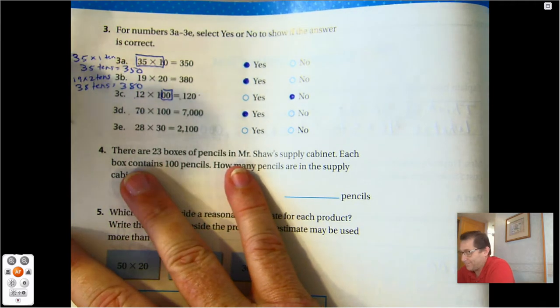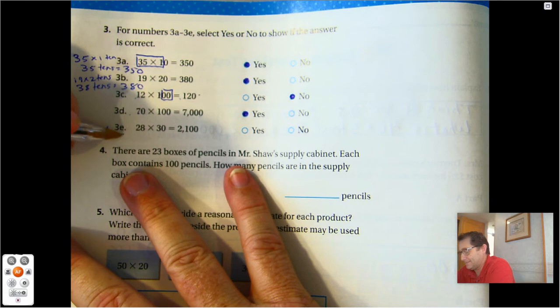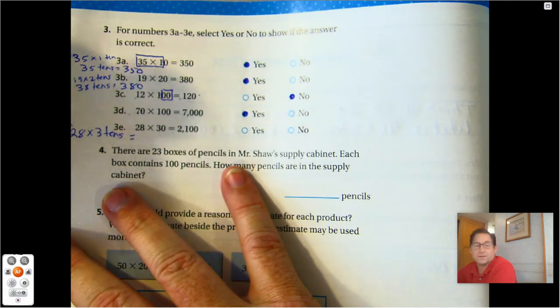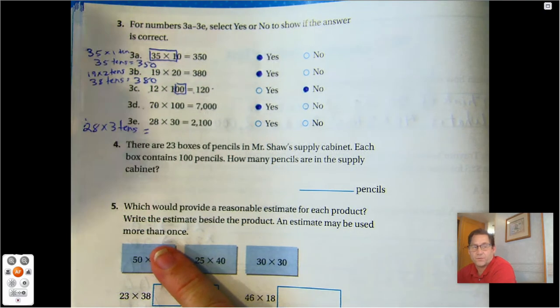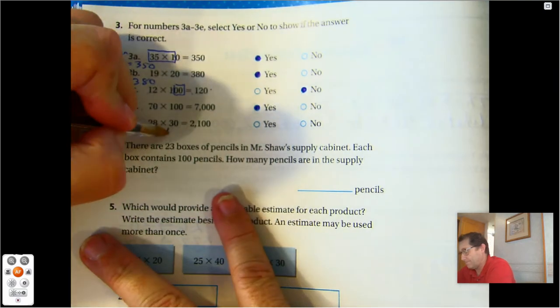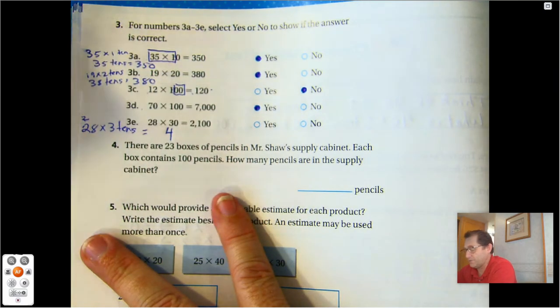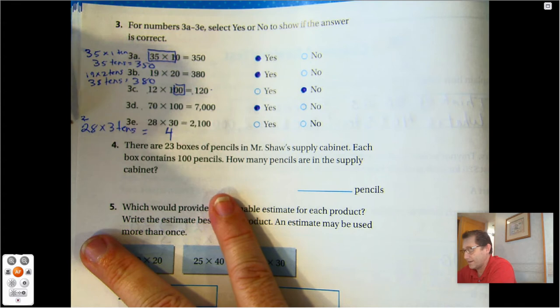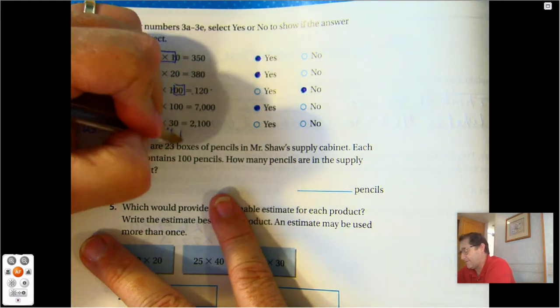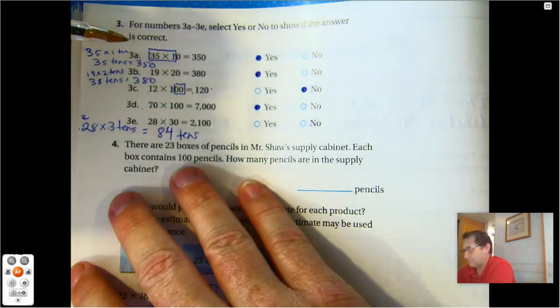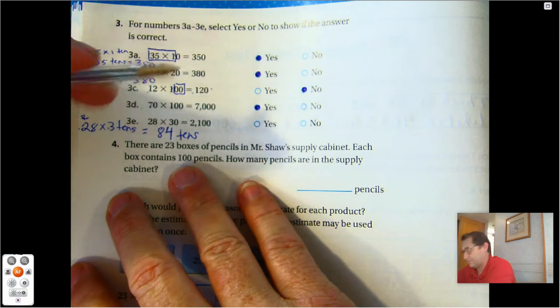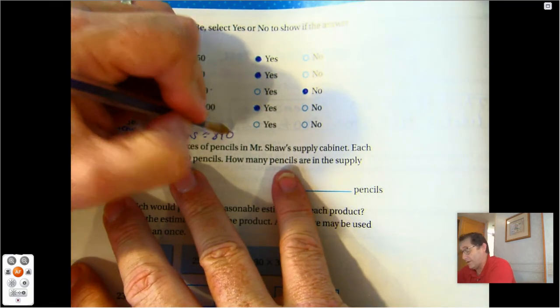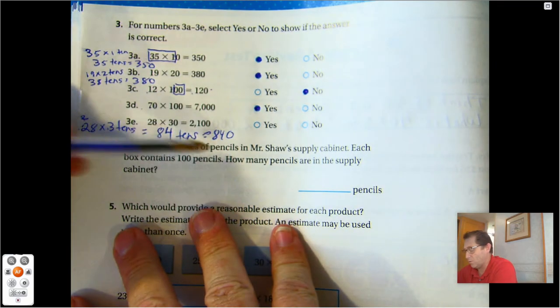So 28 times 3 tens. 3 times 8 is 24. Regroup the 20 of the ones as 2 tens. 3 times 2 is 6, plus 2 more is 8. So 84 tens. Okay, 84 tens is 840. This is nowhere close to that, so no.